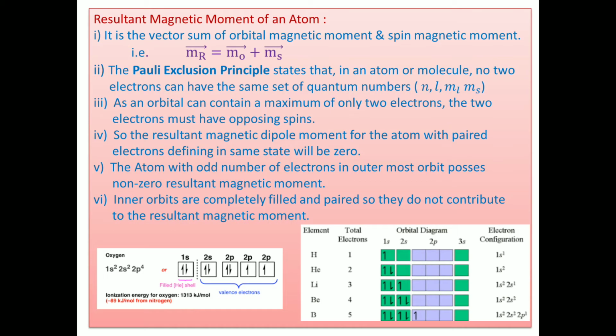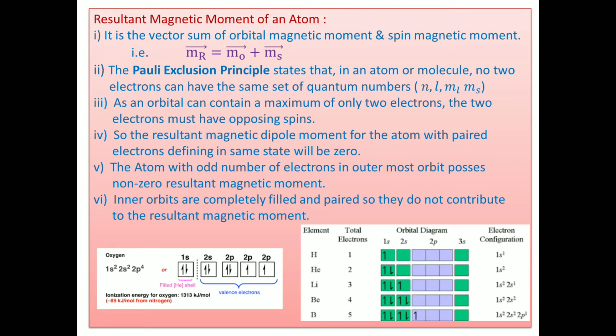Thereafter, we go through another topic, the resultant magnetic moment of an atom. We know that as the electron is revolving around the nucleus, it has an orbital magnetic dipole moment as well as an intrinsic magnetic moment. Intrinsic means the electron spins, like the earth revolving around the sun and also rotating about itself, so spin motion as well as orbital motion is there.